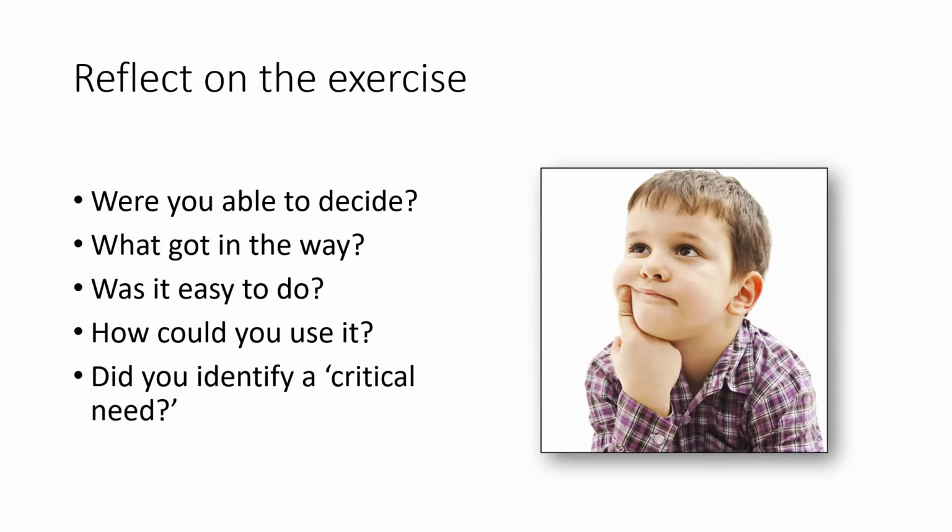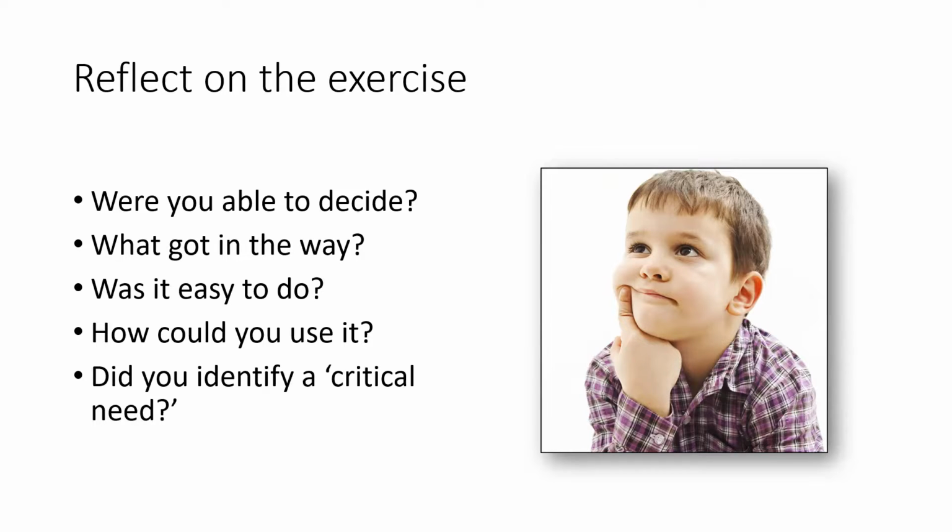Reflect on the exercise you have completed. Were you aware of areas where you did not have sufficient information? Were you able to reach a professional opinion from one of the 4 categories? Did considering the prompt questions assist you in your assessment? Did you identify a critical need?